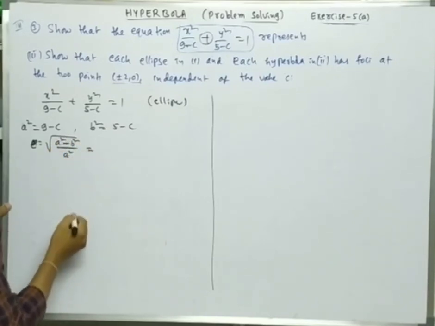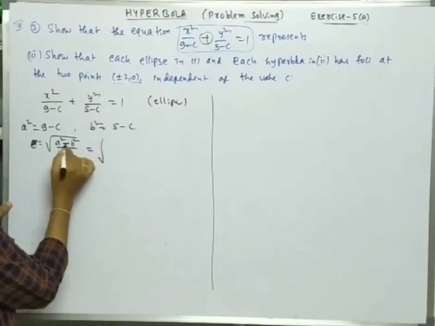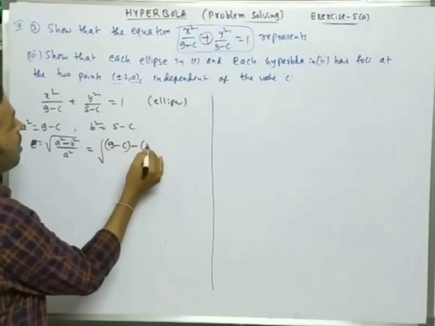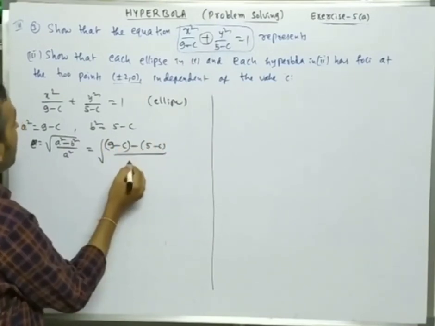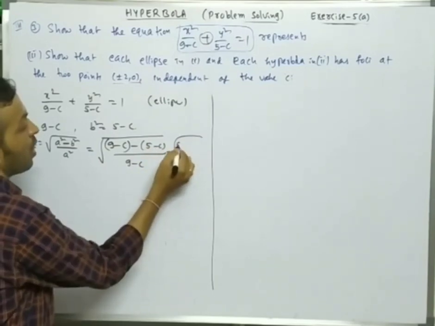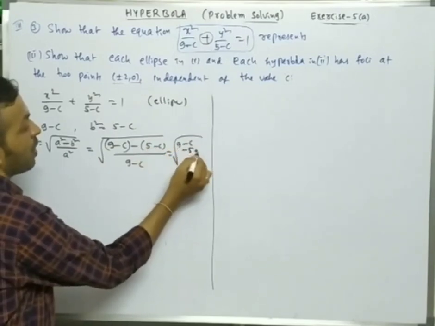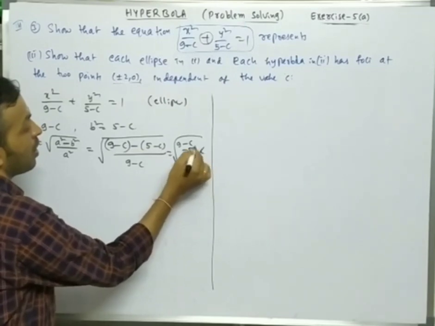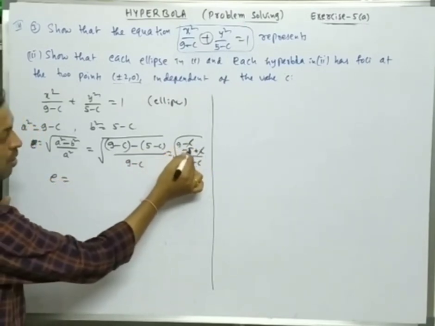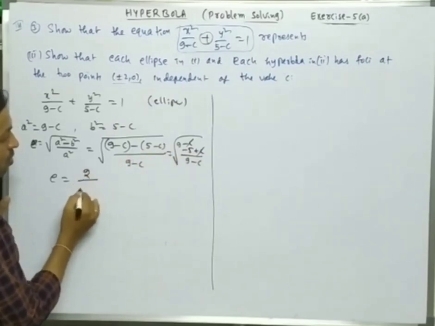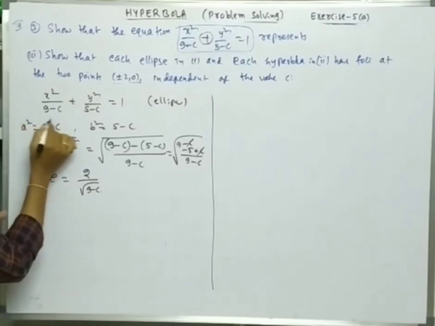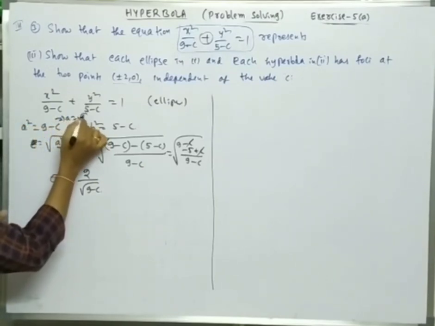So a square is 9 minus c, minus b square, 5 minus c, by a square, 9 minus c. So 9 minus c minus 5 plus c by 9 minus c, c gets cancelled. So we get 4, so eccentricity is 2 by root 9 minus c. Here the value of a is root 9 minus c.